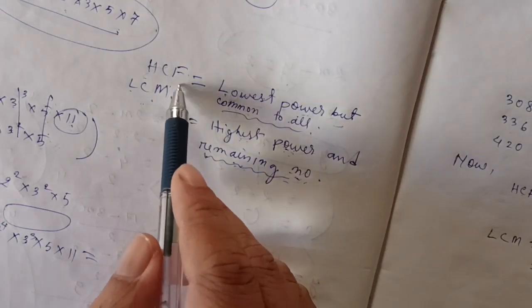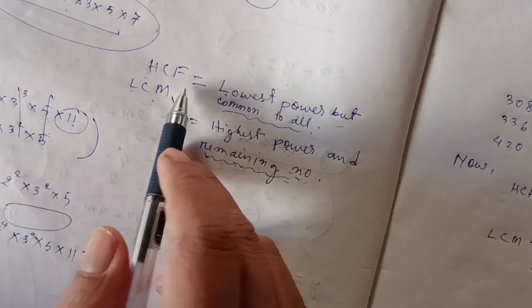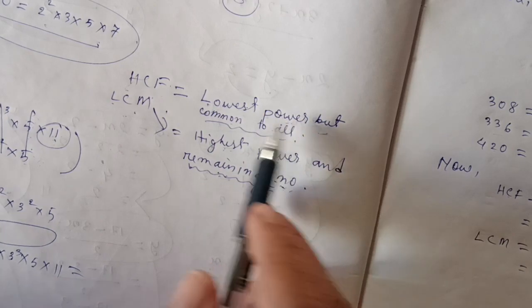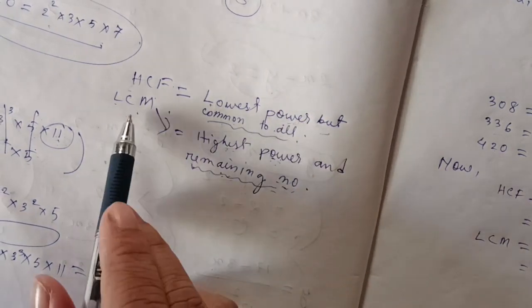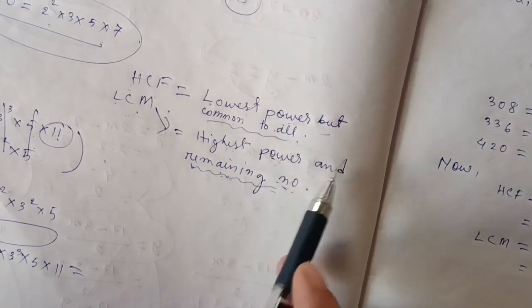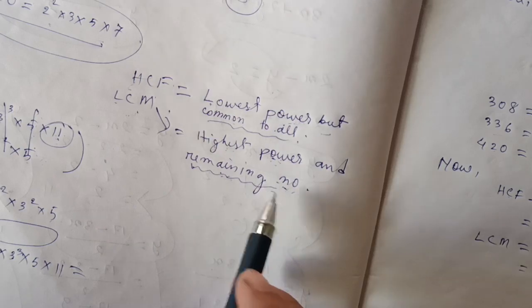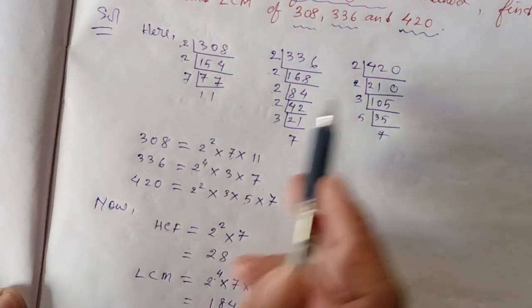After that, remember this: if you are going to find the HCF, then you select the lowest power, but common to all. If it is for LCM, then we need to select the highest power and we should also write the remaining numbers. That is how we do it here.